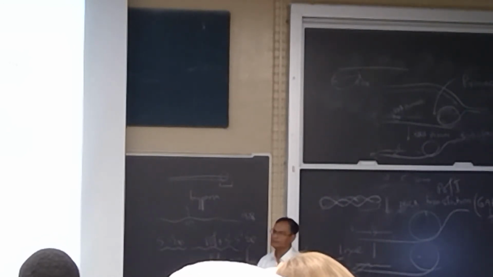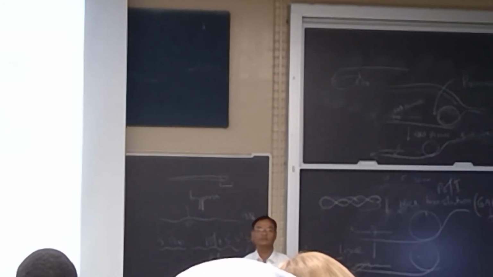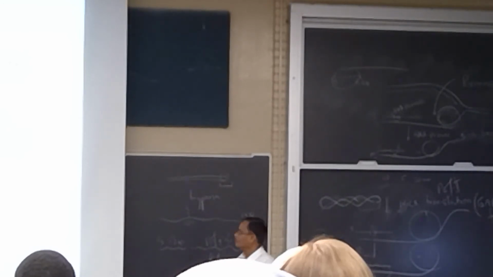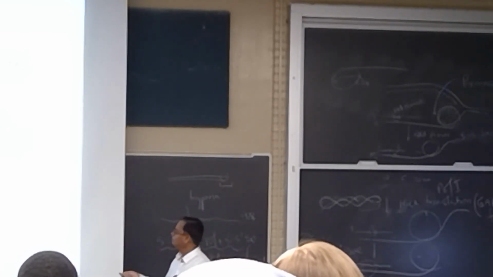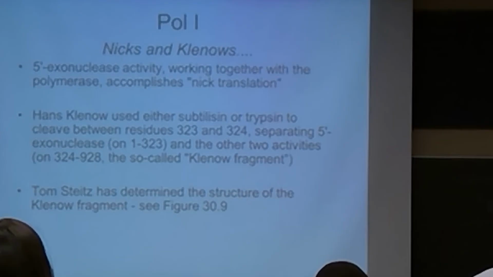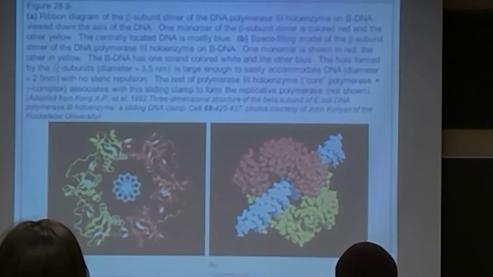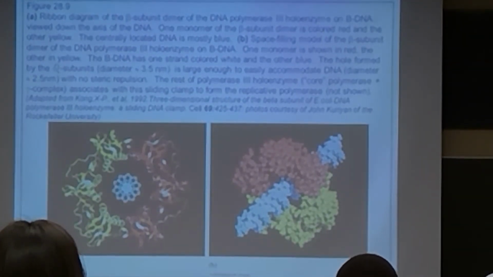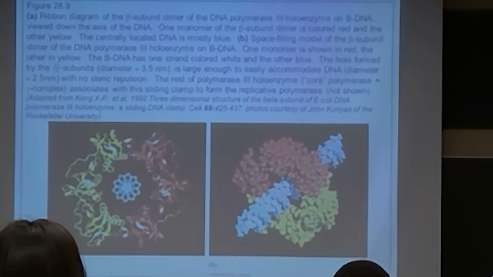Tom Steitz, Yale University, one of the most famous protein crystallographers, is the one who first solved the structure of the Klenow fragment. He got the Nobel Prize, I think 3 years ago, 2011 or something like that.